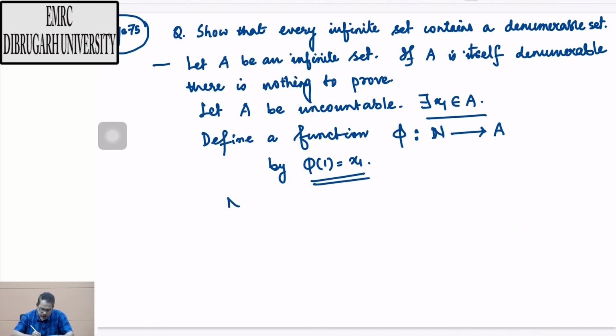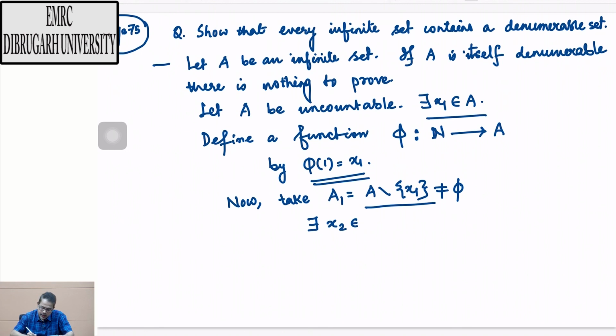Now, take the set A1 to be A minus x1, which is again infinite, so it should not be empty, and then there must exist some x2 in A1 such that I can take phi of 2 to be equal to x2.